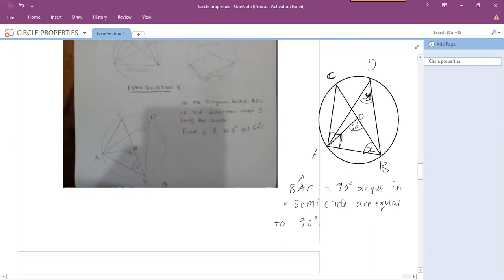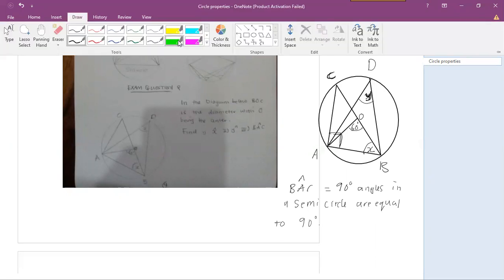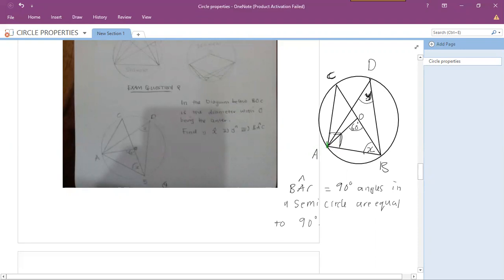Then let's try finding angle Y. Angle Y will also be very easy to find because look at this. Let me use a color. This angle here, this 60 degrees, has been formed at the center of the circle, like so. And then another angle has been formed, like so. So you remember that rule, angle at center is twice angle on circumference, meaning this angle here that's at the center is actually twice this angle.